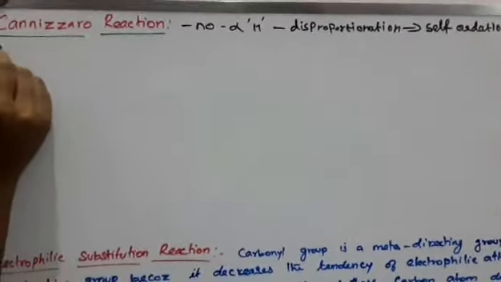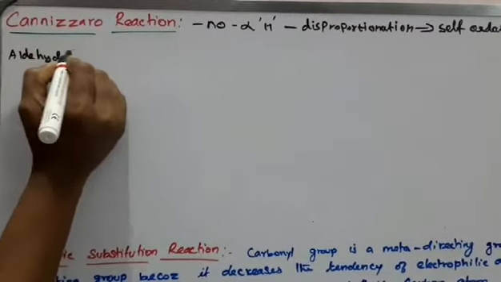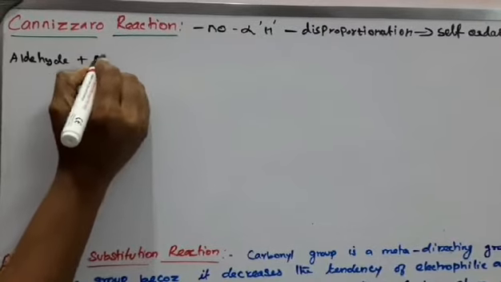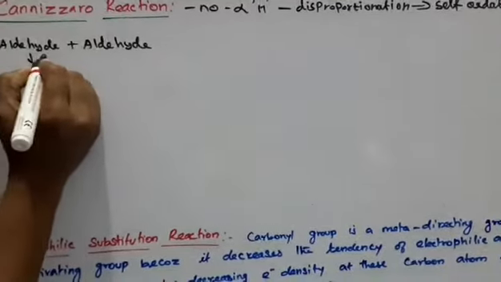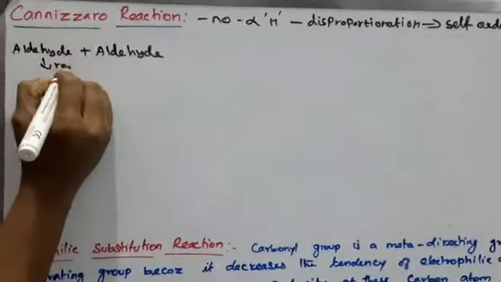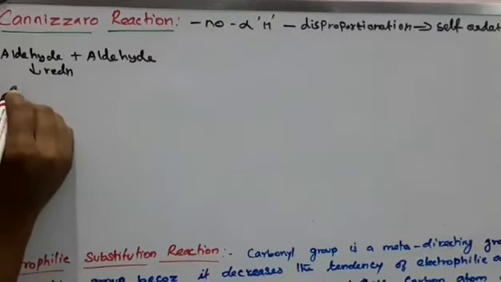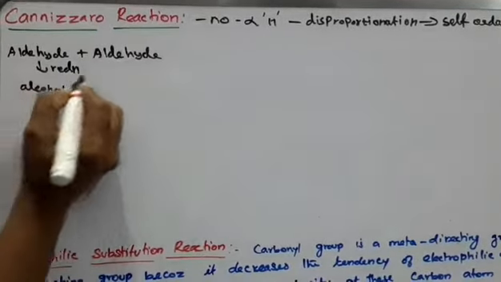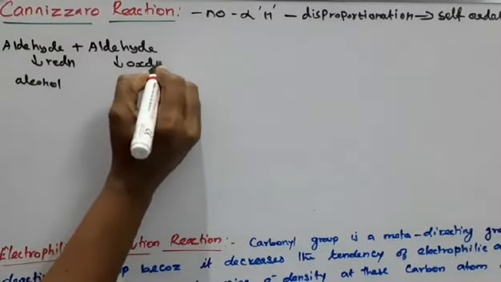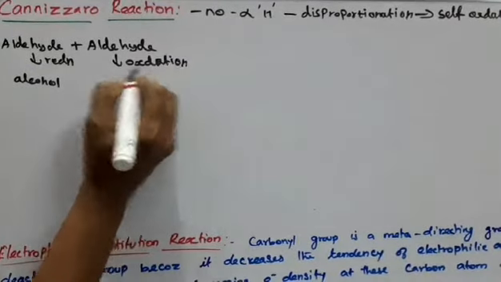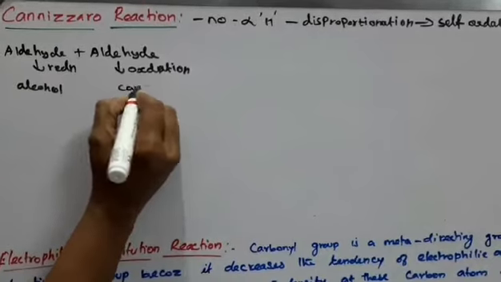Suppose you see here aldehyde and aldehyde. An aldehyde in a suitable reducing agent is reduced to form alcohol, but an aldehyde in a suitable oxidizing agent undergoes oxidation to form carboxylic acid.